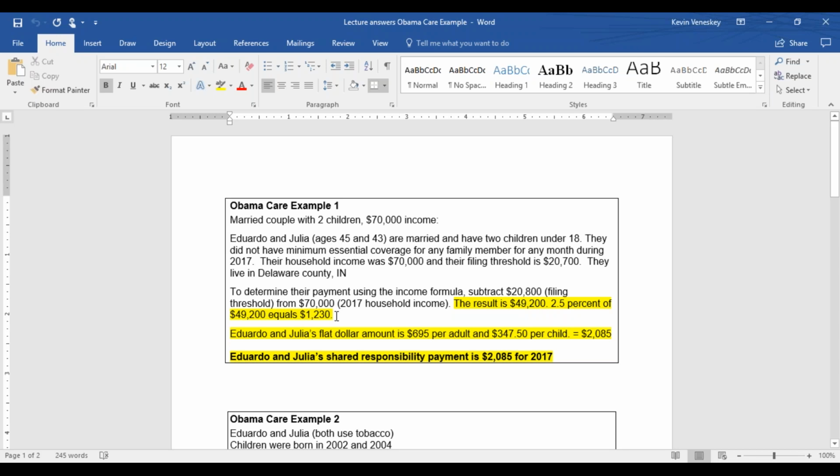Remember, it's the greater of that number or the amount per kid and per adult and then a family max of $2,085. So the family max is $2,085, and that is more than the $1,230. Therefore, that is what they are going to pay because they had two adults, 2 kids, total of $2,085.